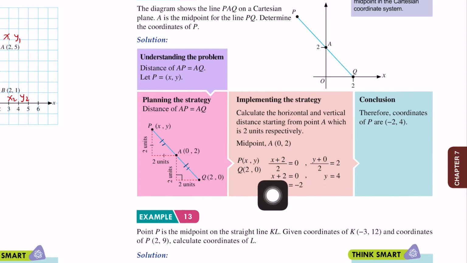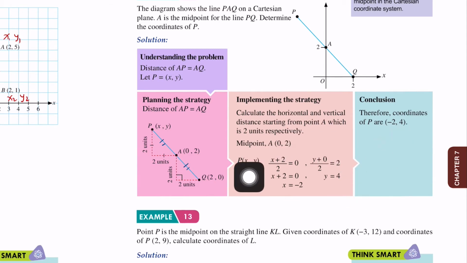So kita boleh selesaikan lah. X plus 2 is equals to 0, X equals to negative 2. Y plus 0 equals to 2, selesaikan. Y plus 0 is Y, 2 pindah sebelah jadi 4. So Y is equals to 4. So koordinat kita adalah negative 2, 4.